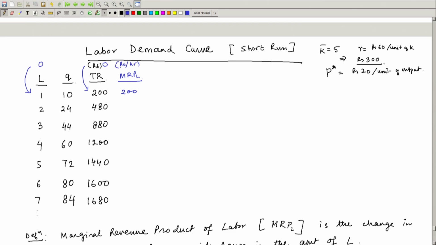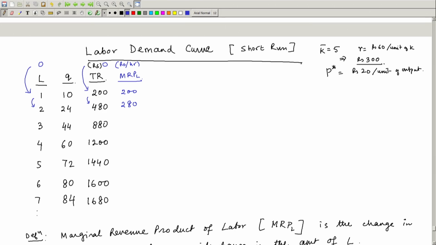Now, what is the marginal revenue product of the second labor hour? Well, I increase my L by 1 unit. I moved from the first labor hour to the second labor hour. My revenue has increased from 200 to 480. So, the second labor hour alone increased the revenue from 200 to 480. So, 480 minus 200, which is 280, is the marginal revenue product of the second labor hour.